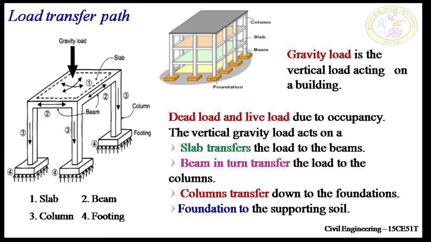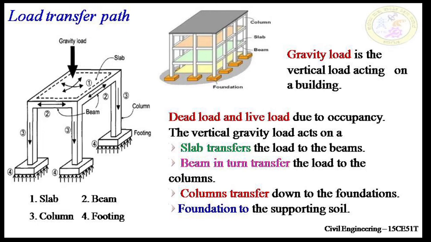The vertical gravity load which acts on a slab gets transferred to the beam. From the beam, the load gets transferred to the column. From the column, the load gets transferred to the foundation, and from the foundation, it has to get transferred to the supporting soil.